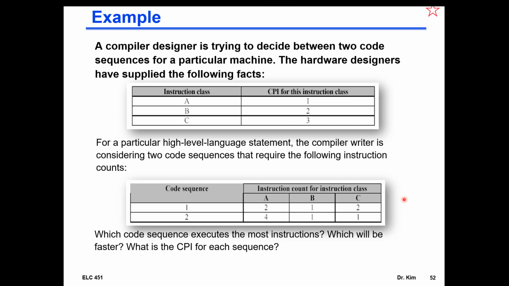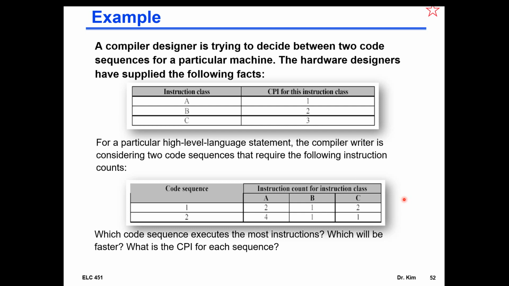And then the hardware designers for the CPU have supplied the following data. So there are three instruction classes, A, B, and C, and the CPI for these classes of instructions are different.